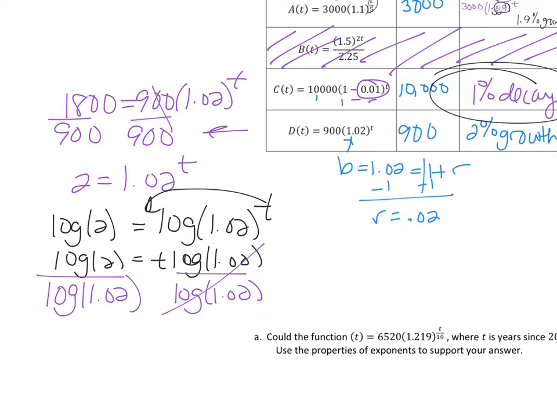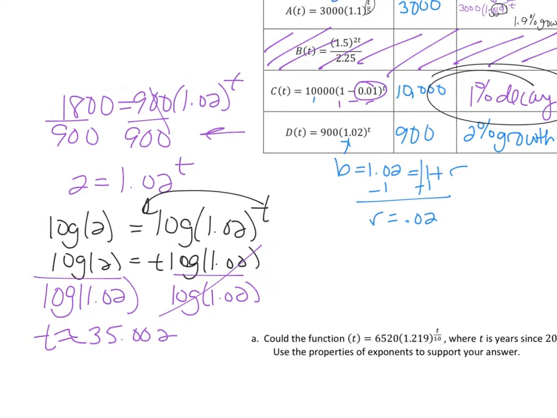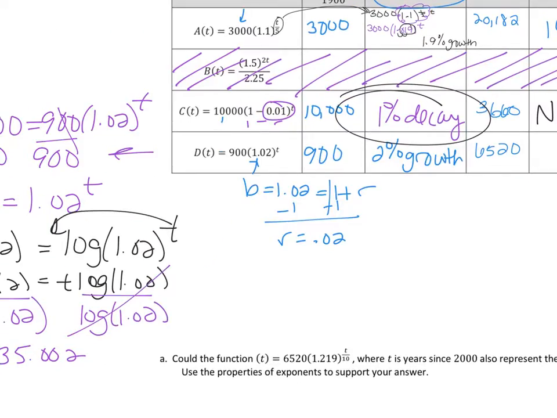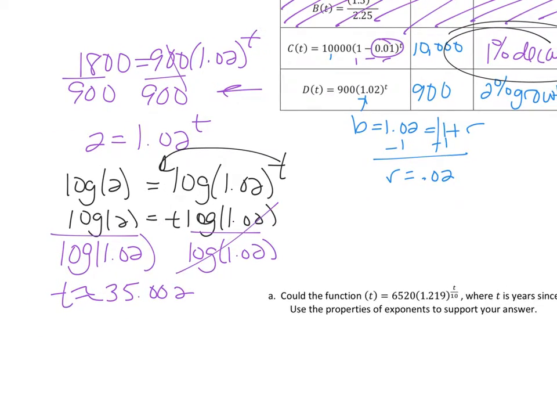When you do that, let's see what I got on my calculator. Log of 2 divided by log of 1.02, I got 35.002. So t is about 35.002. That means it's happening again between 1935 and 1936, because they're starting at the beginning of 1935.